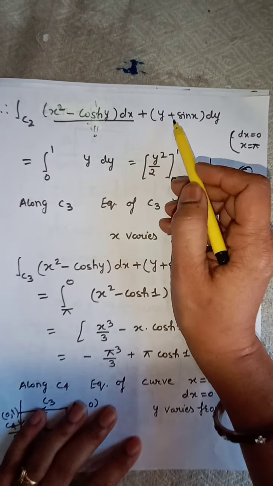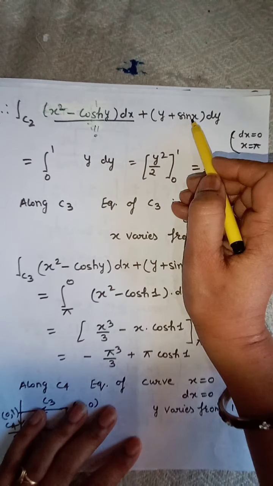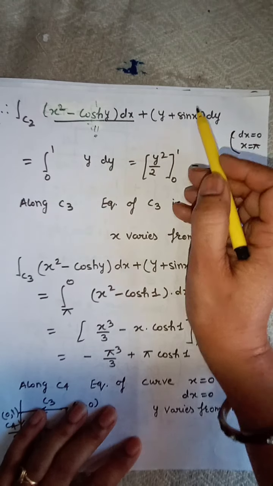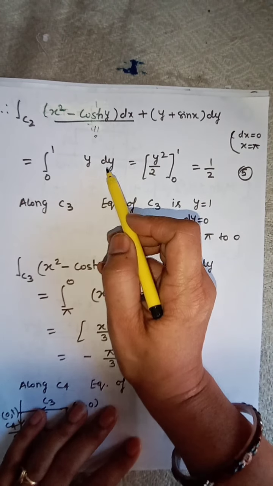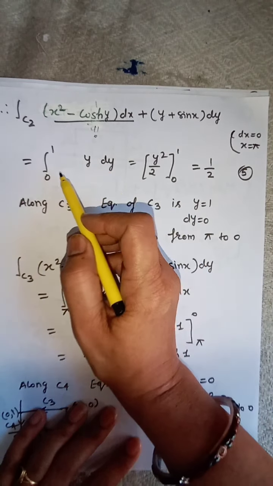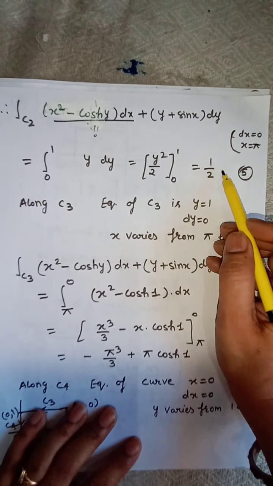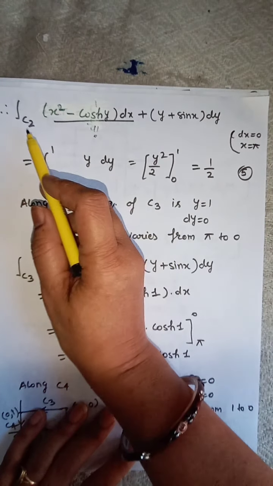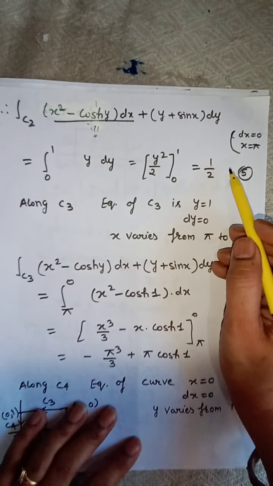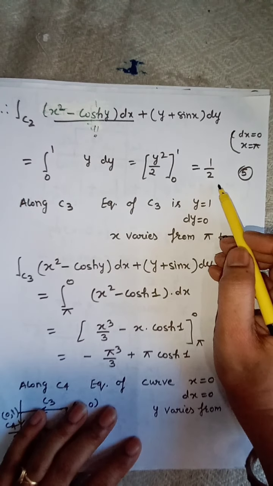And in the second, x is pi, sin pi is 0. So we are left with only y dy. Integrate with respect to y, put the limit 0 to 1, we get 1 by 2. Means the line integral along C2 is 1 by 2.